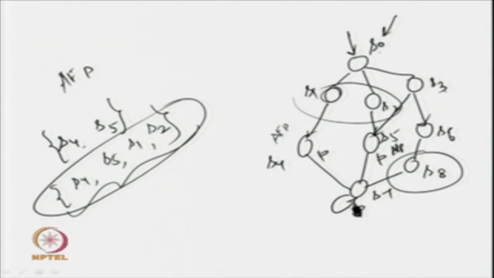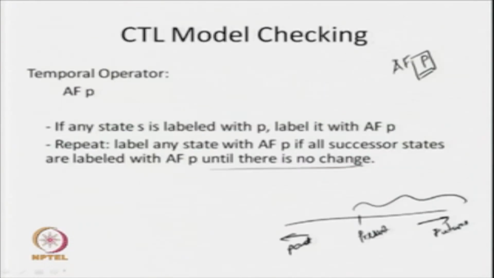Otherwise, if P were true here, then in the very first case P would have been included over here also. So, there is no chance that any more states will be included, and we can stop the procedure there itself. Okay. So, this is why we say we continue until there is no sense.